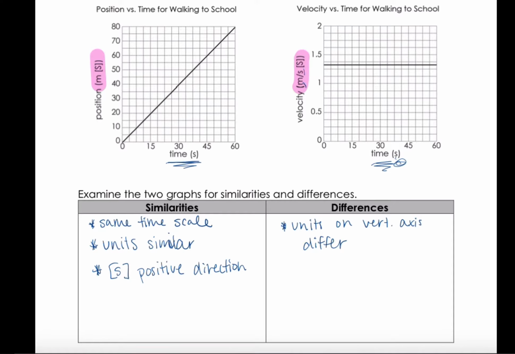One of the big things is that the position time graph has a positive slope, whereas the velocity time graph has a zero slope. It's just a horizontal line. There's no slope to the line at all. And obviously the axes are labeled differently as well. We have position, and then we have velocity for the other one.